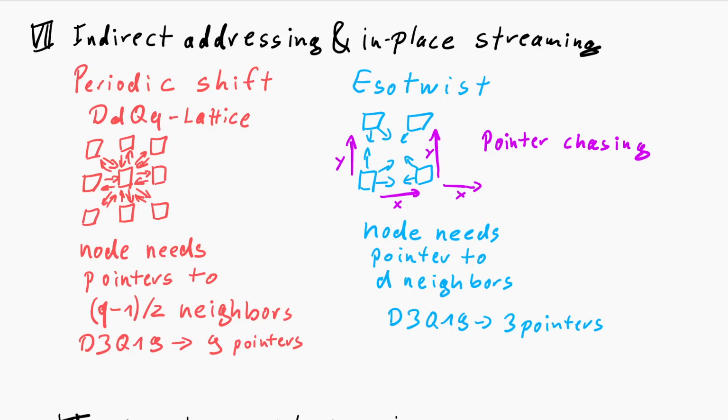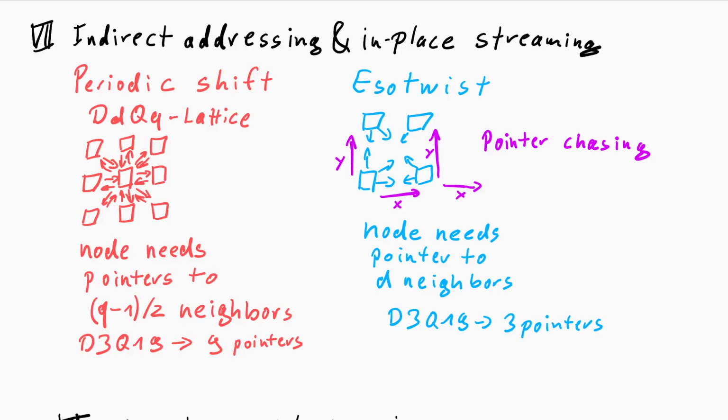The reason is that periodic shift doesn't work very well with indirect addressing. If you use direct addressing, periodic shift is a very good idea, but with indirect addressing it's not so easy, because you have to remember that the data locality is not guaranteed in periodic shift.